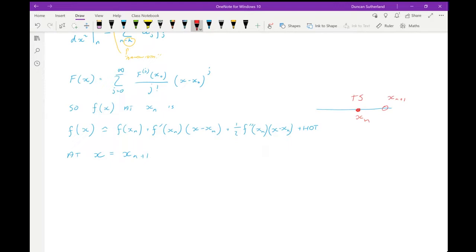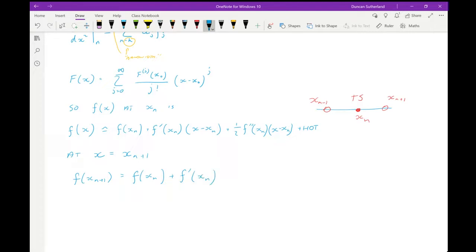We're going to use the Taylor series to approximate our function value there, and also at xn minus 1. So we just slap this in. That one doesn't change because it's already an xn.